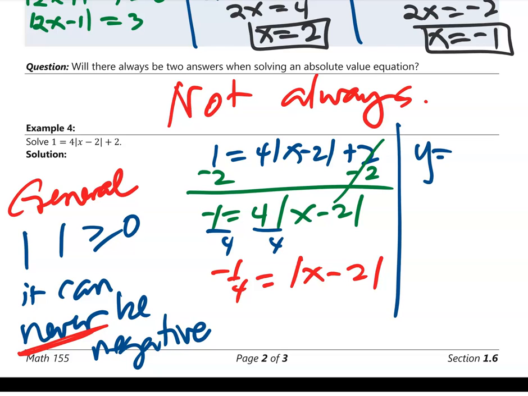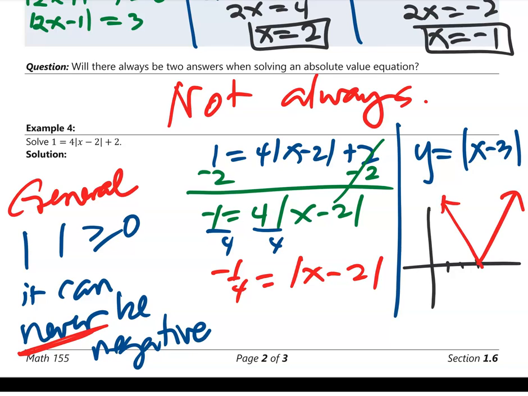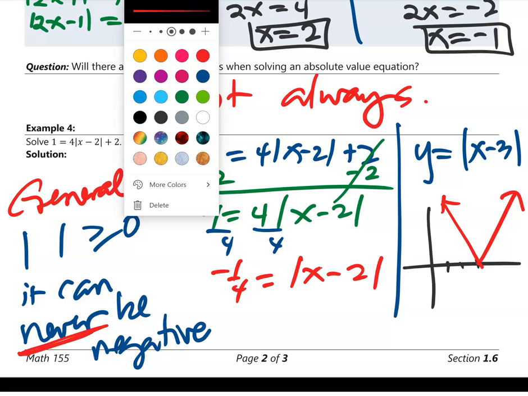Let's say y is equal to the absolute value of x minus 3. If you graph this, x minus 3, that is 3 to the right. Look at all the y values here. Everything is above 0. Everything is positive, from 0 and above, never negative. Do you agree?